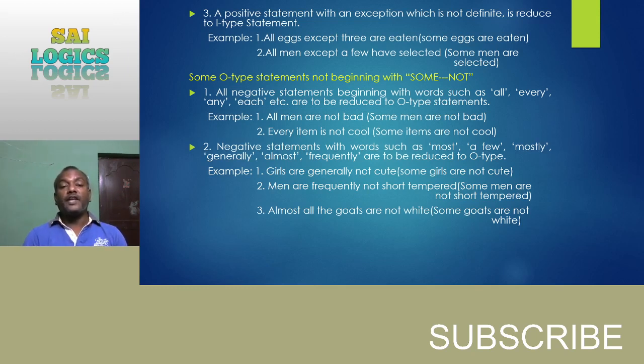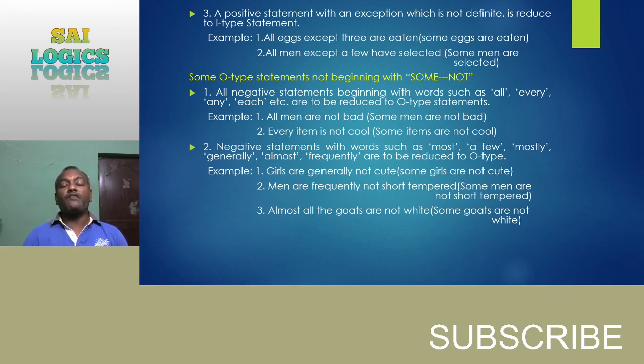Some O type of statements not beginning with some not. Now see case number 1. All negative statements beginning with words such as all, every, any, each, etc. are to be reduced to what type of statements. Now it is talking about negative statements. Why is it talking about negative statements? Because O type is a negative statement only.